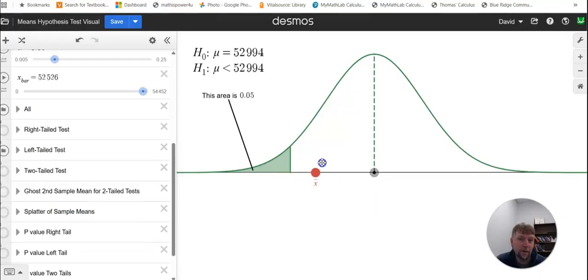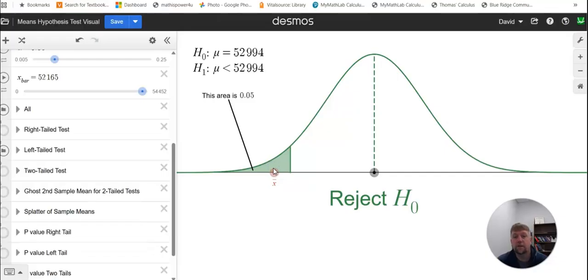Now, a type 2 error is when this is actually true. The mean is actually less than the claimed mean, and I should fall down in there. So the company claims that their mean salary is $52,994, and the actual mean is well below that. So I should land in the rejection region and reject the null hypothesis.